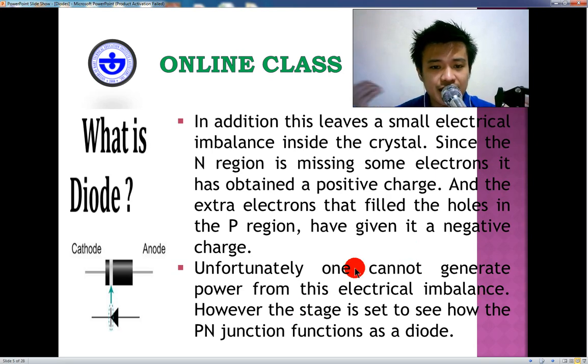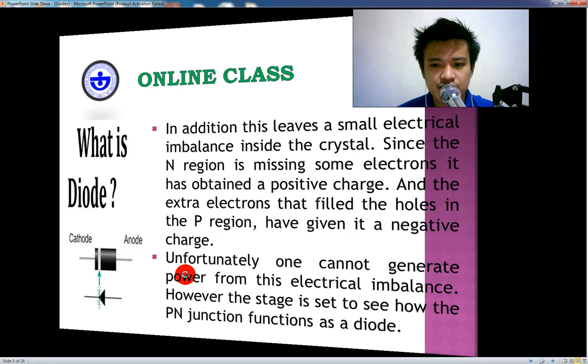When there is an electrical imbalance, this device will not allow the current to flow. That is actually very useful to us, to let the diode do its function of allowing the current to flow only in one direction. That is something we must be proud of, because it is a very useful characteristic in electronics.